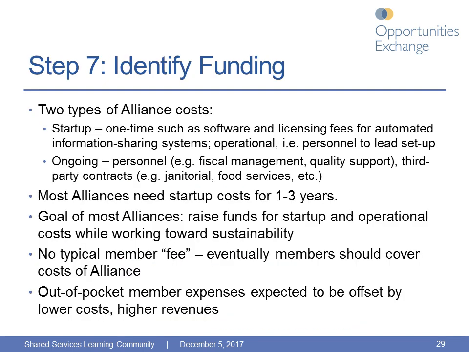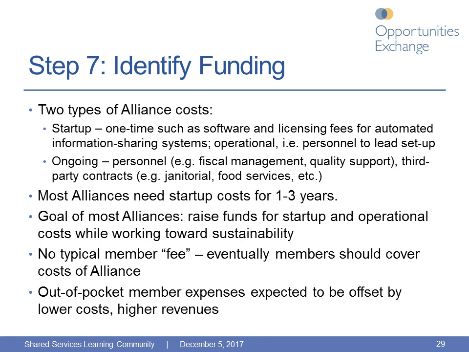And the final step is to identify funding. There are two types of costs. There are startup costs, and these are one-time costs such as buying software or licensing fees to bring in these automated information systems. It might be hiring some initial personnel to lead the setup of the alliance.